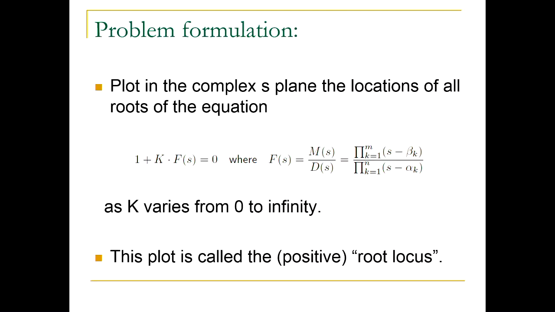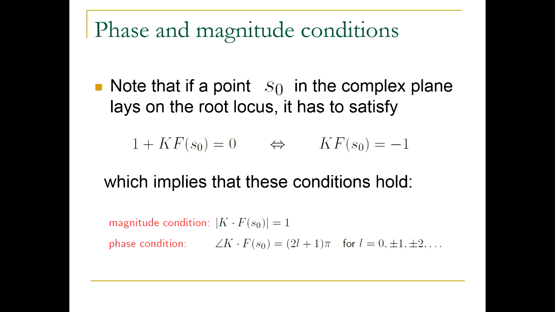In Ogata and other books, you would find how to plot negative root locus. Lots of things I will present can be used to plot also negative root locus, but you can figure it out yourself as we go. It's not hard to figure out. But we are assuming that k is positive, all right? And we call that positive root locus.